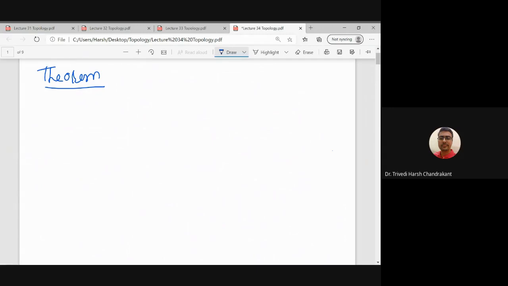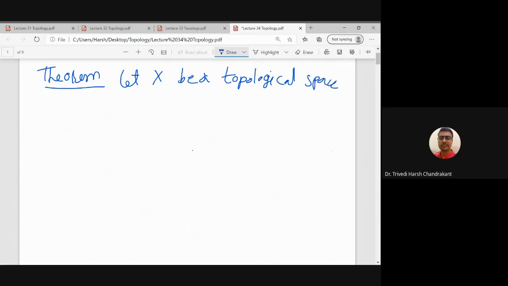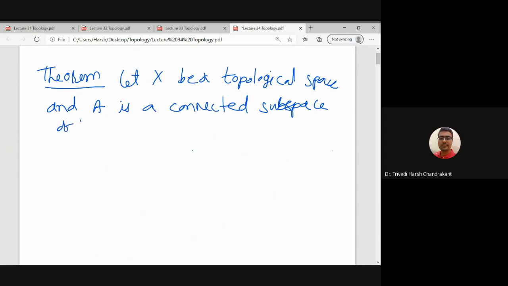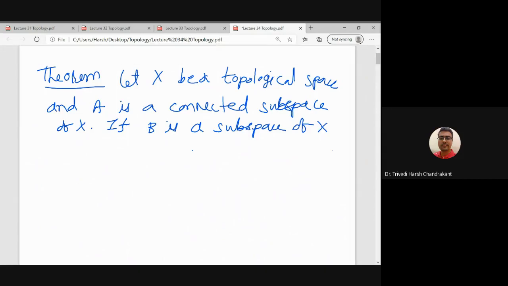So this is a theorem: let X be a topological space and A a connected subspace of X. So if I take another subset of X, so whenever I consider a subspace of a topological space, that means B is a subset of X, and on B we have a topology which is coming from the topology on X as a subspace.